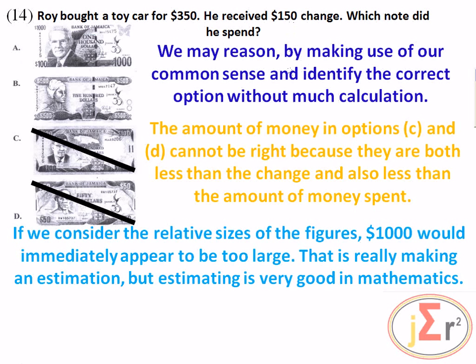No. Therefore, the answer cannot be $1,000. So, $1,000 is not possible. We are only left with option B, so option B is correct. As a matter of fact, it is correct, and we did not do any calculation.